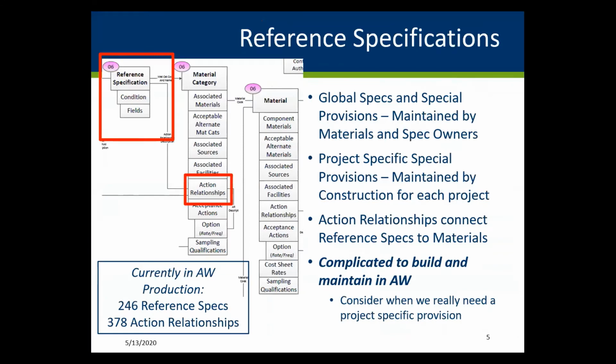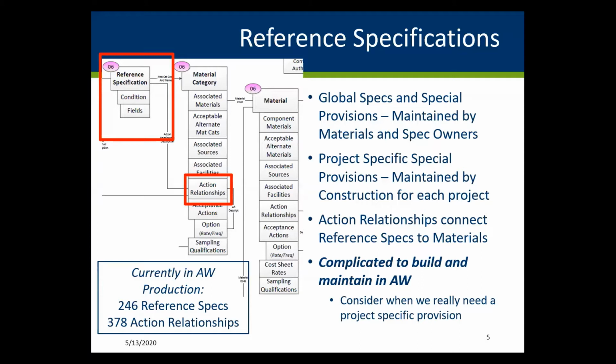Moving along on that big chart, the reference specifications is the next category. We talked a little bit about this yesterday, that the global specs and special provisions, those that are in the spec book, or concrete pavement, I have a special provision, those are going to be maintained by the materials and the spec owners.